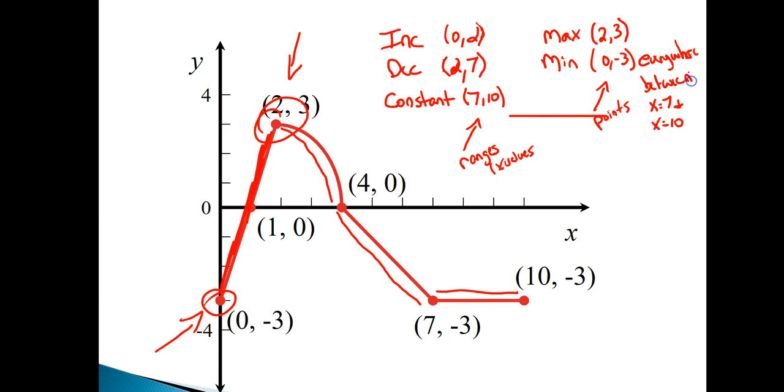That is a minimum, right? Nothing goes below a y value of -3. So everywhere in there would be a minimum, x equals 2 would be a maximum, and x equals 0 would be a minimum. So that's the way we would decipher that graph.